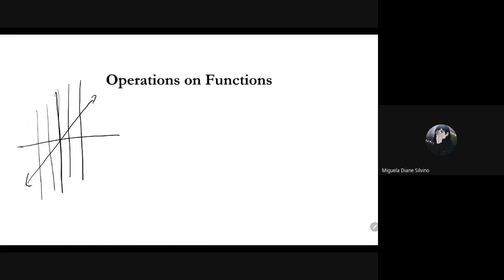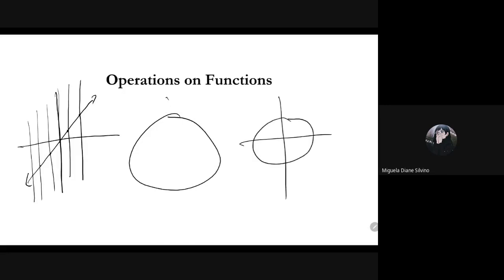When the vertical line touches at only one point, then the given graph is said to be a function. Here, this is wrong: since the vertical line touches the graph at two distinct points, this one is not a function.